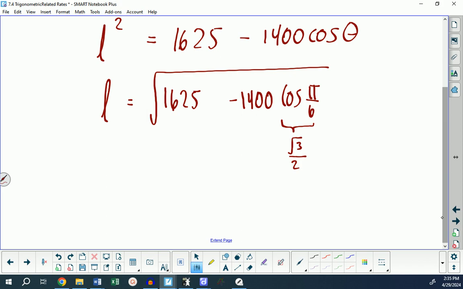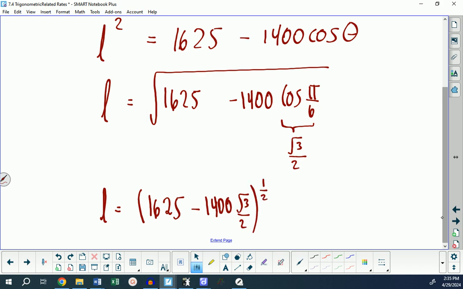And if I multiply root 3 over 2 by 1400, I get 700 root 3. I better just write that out. L will be equal to 1625 minus 1400 times root 3 over 2 to the half. I don't care. You want to write square root?